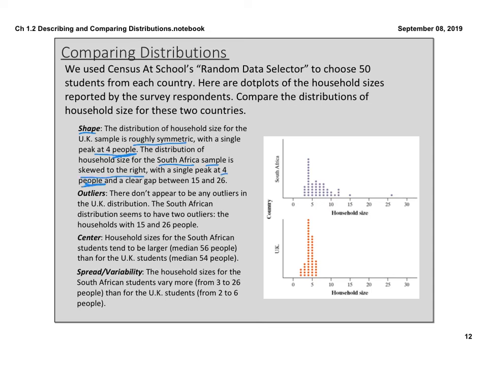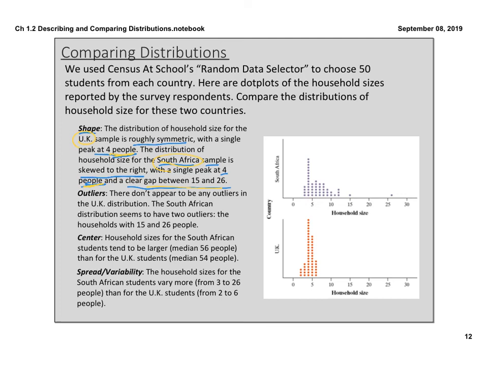Again, there's the context. And they also explicitly say there's a clear gap between 15 and 26. So you've got a shape for both countries. I've got a shape for the United Kingdom and I've got a shape for South Africa. I list the context, meaning people. I talk about the gaps. Okay, so there's that for shape for both.